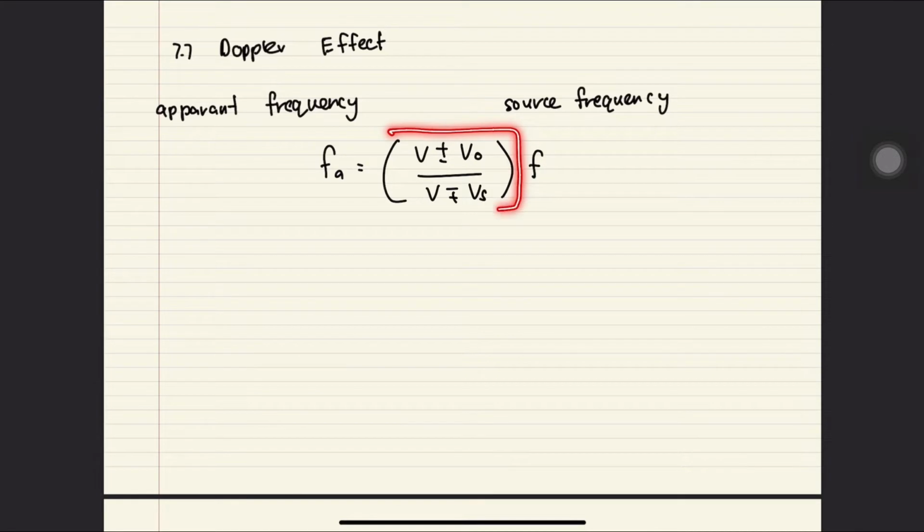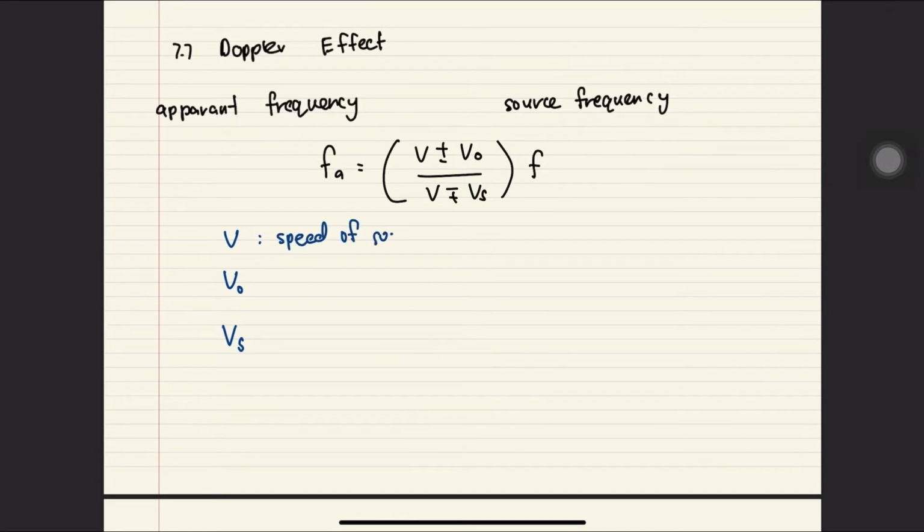You can see that over here you have velocity. One thing you have to notice is the sign: you have plus minus and minus plus there. You have three different velocities: v, v_o, and v_s. v is the speed of sound.